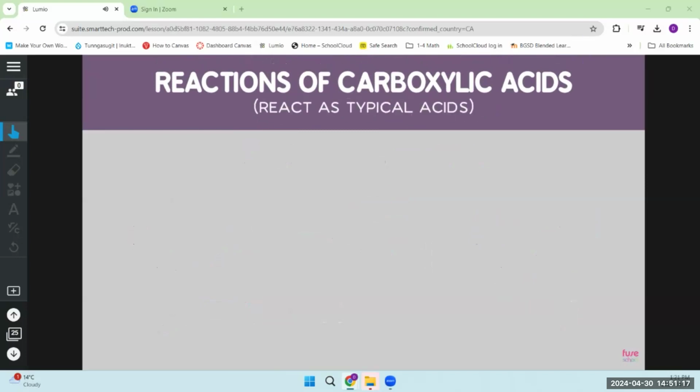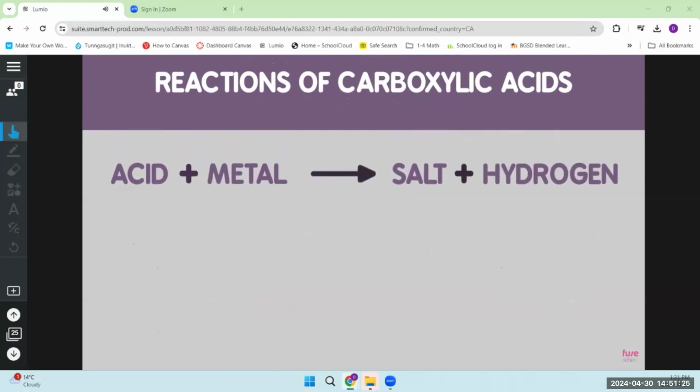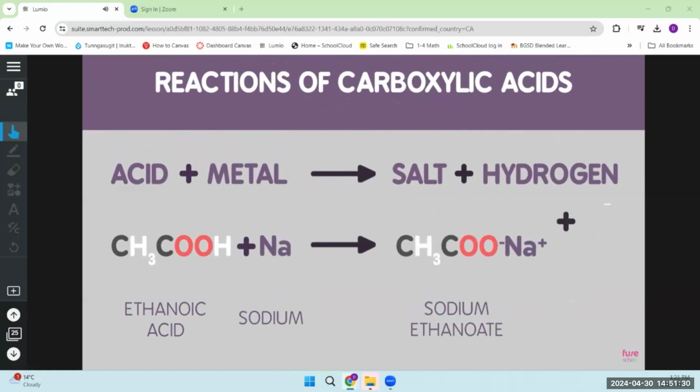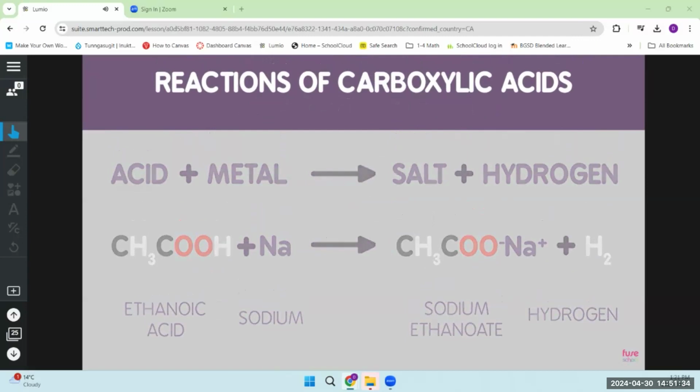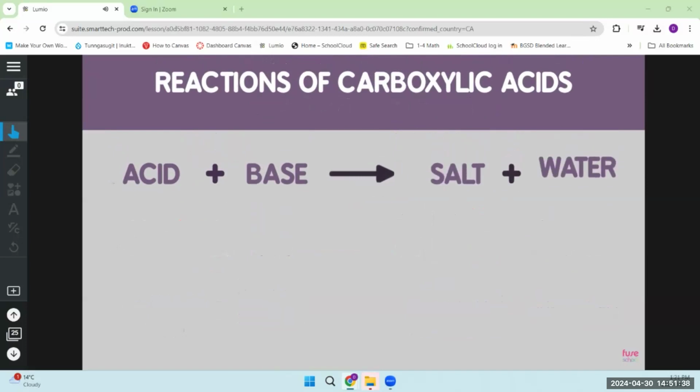Carboxylic acids react as typical acids. These are, number 1, acid plus metal goes to salt plus hydrogen. For example, ethanoic acid plus sodium to sodium ethanoate and hydrogen. Number 2, acid and base goes to salt plus water.